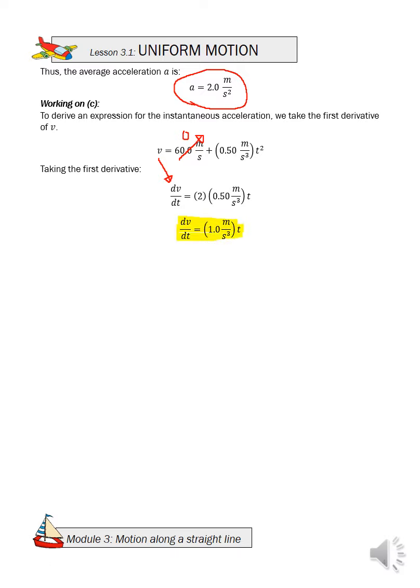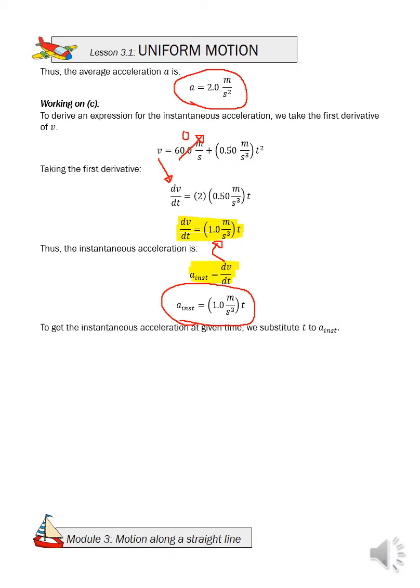This is our dv/dt, or our first derivative of our velocity with respect to time. Thus, this is going to be our instantaneous acceleration, since from this definition, this is the definition of your instantaneous acceleration, right? And as we can see, this is our dv/dt. So we can therefore write our instantaneous acceleration to be 1.0 meters per second cubed times t.